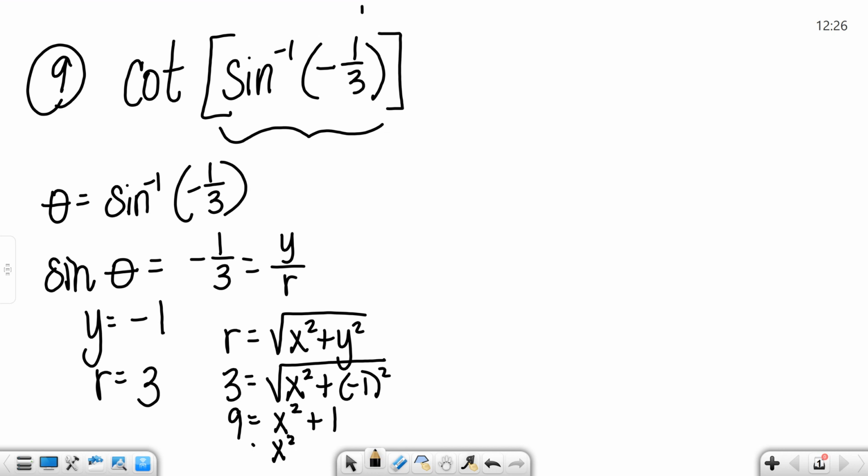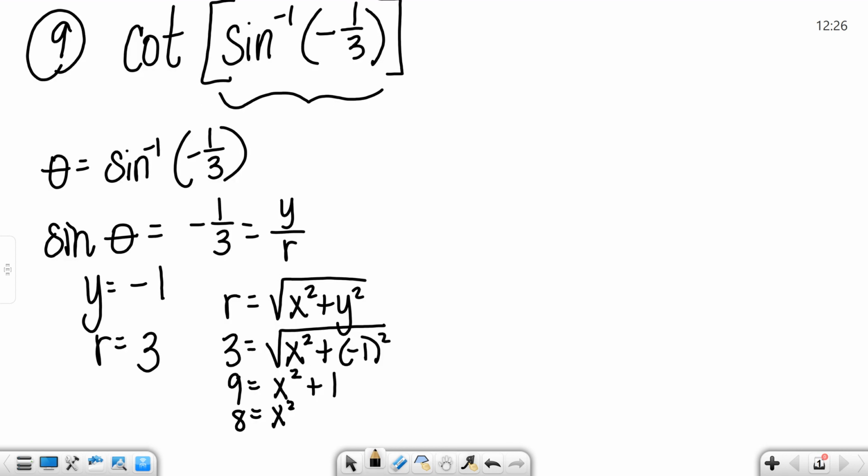So x squared is 8, which means when you take the square root of both sides, we get 2 times the square root of 2 as our x value.